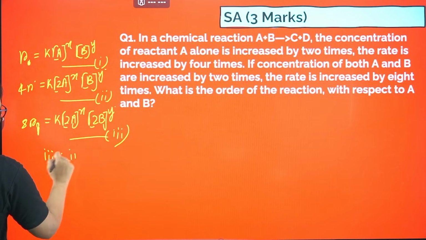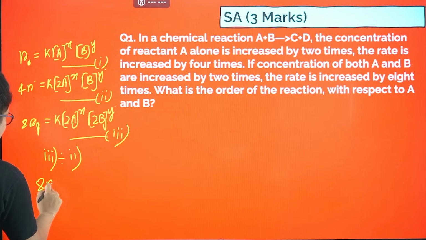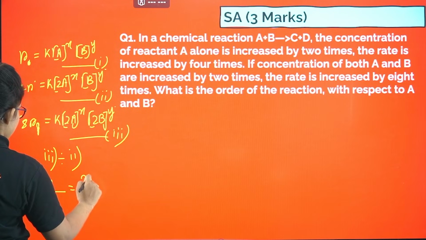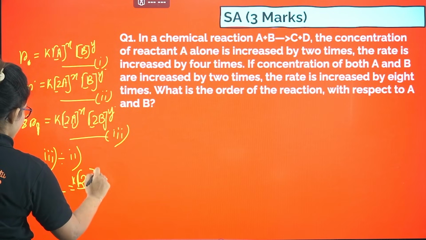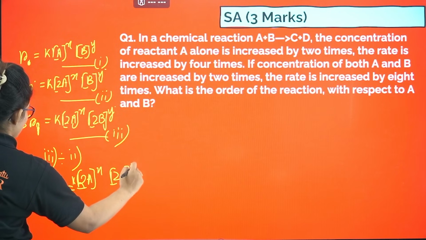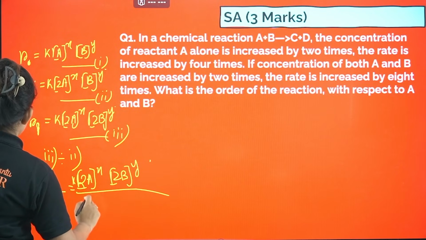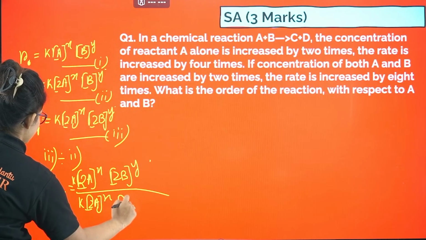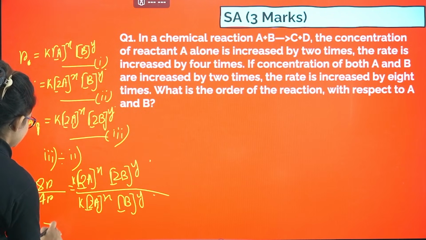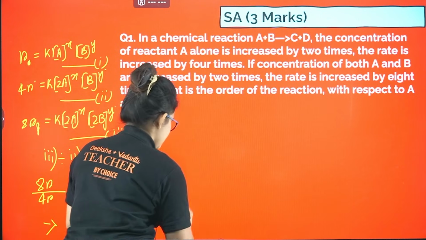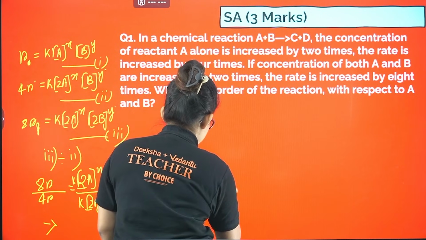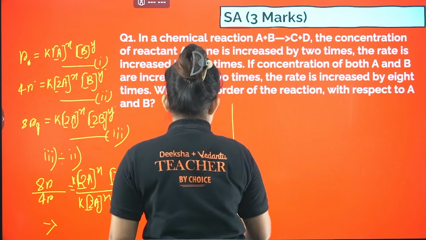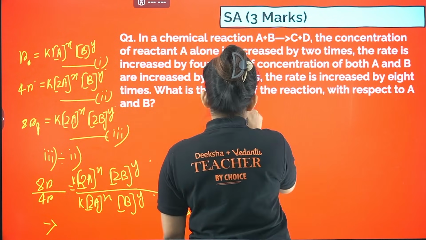Here 8R divided by 4R is going to be K into 2A power X into 2B power Y divided by K into 2A power X into B power Y. From here what you can get is 2 equals 2 power Y. From here I can get Y equals 1. Fine. Now solve for X. What should I do? I can do 2 divided by 1.